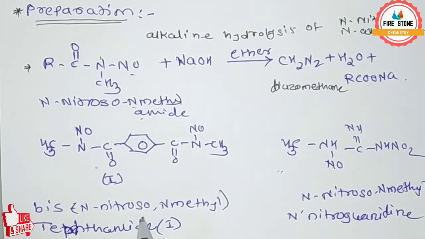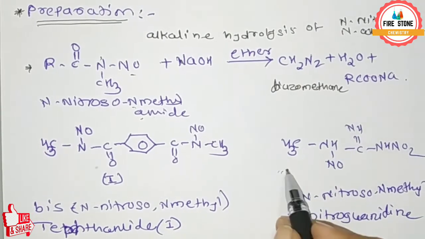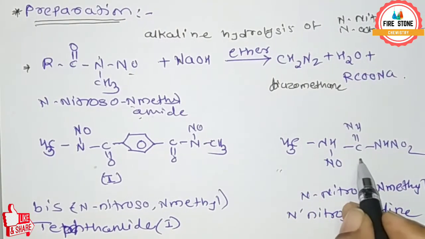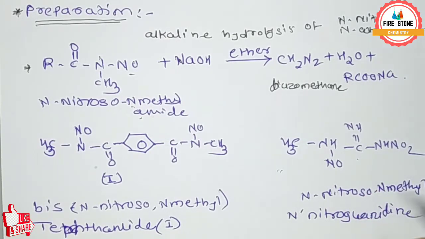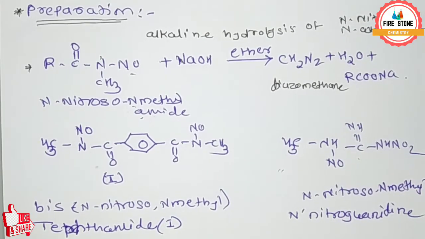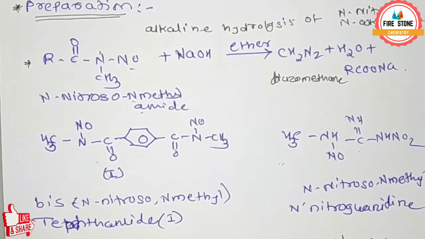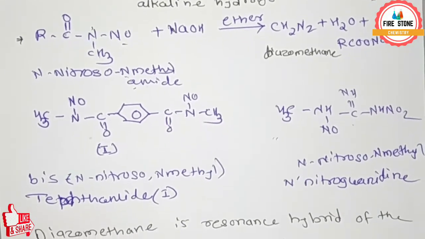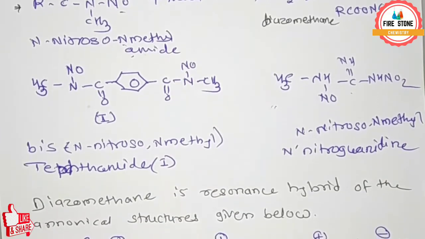So bis N-nitroso N-methyl terephthalamide first, and CH3 NH C double bond NH NO2, N-nitroso N-methyl N-nitroguanidine. From their hydrolysis we also get CH2N2 as a reagent, and this is the product, diazomethane, and this diazomethane is a very good reagent.